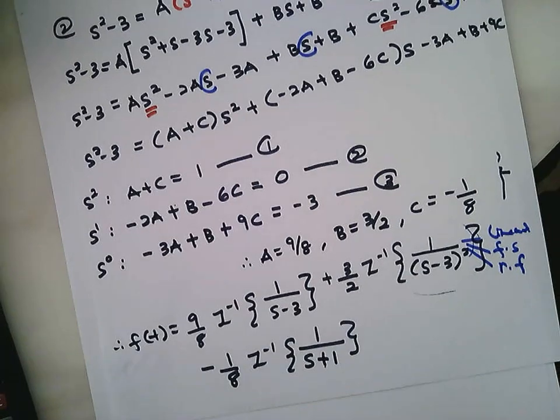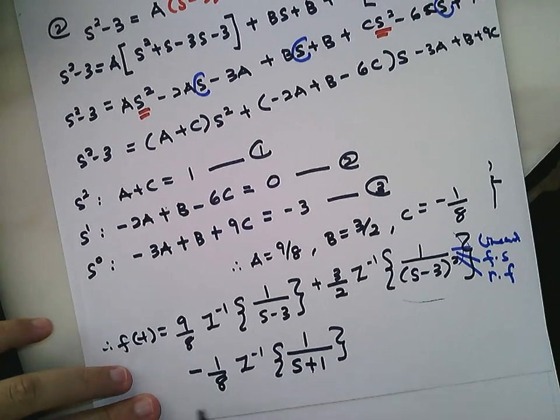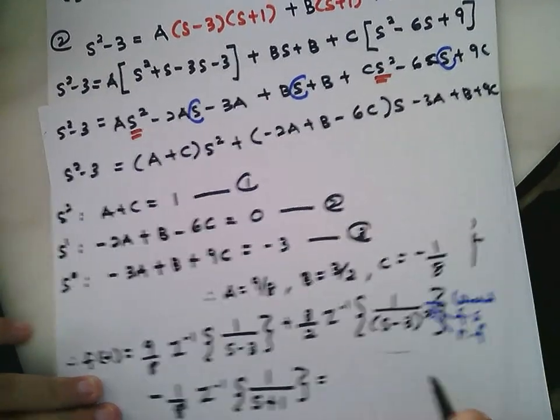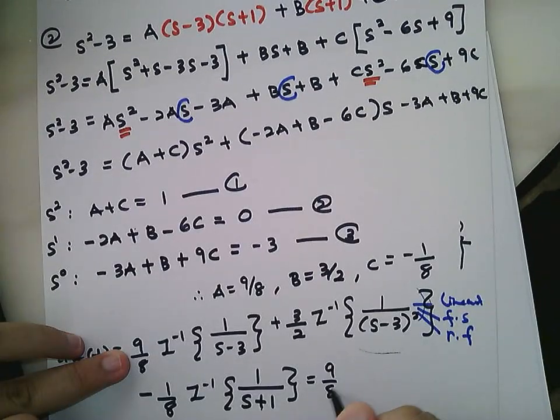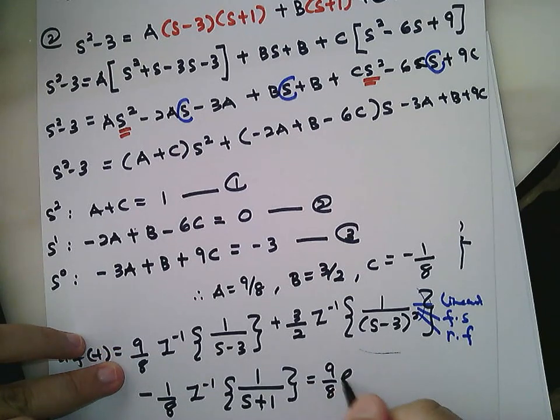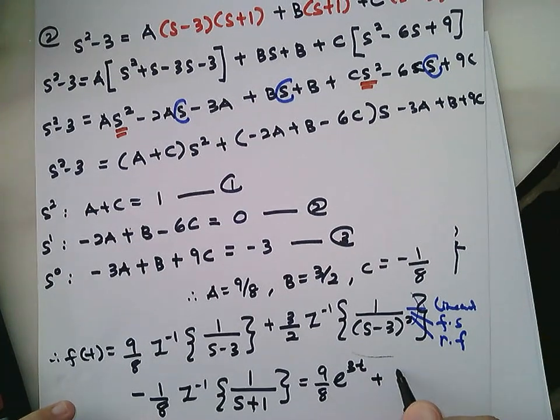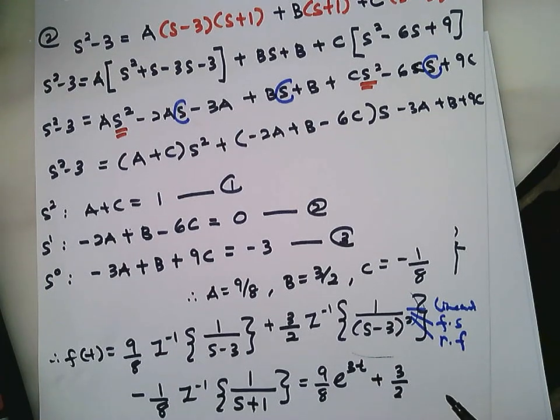So therefore your final answer will be, your f(t) is equal to, where should I write it? Here. 9 over 8 e to the 3t, plus, this one will be 3 over 2 t e to the 3t.